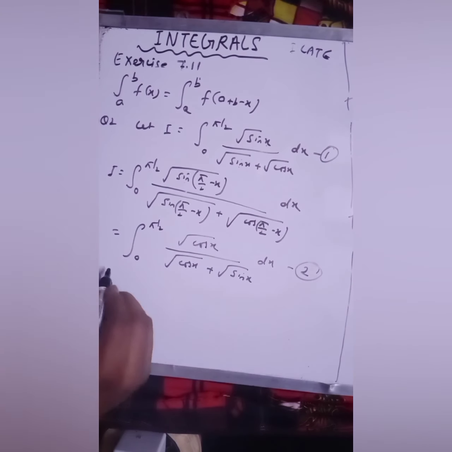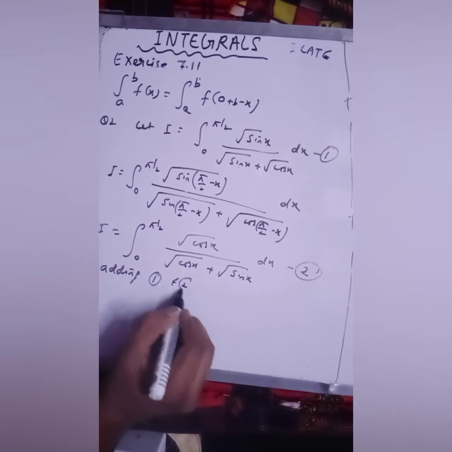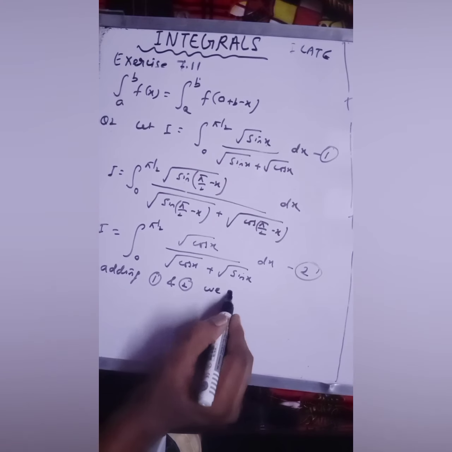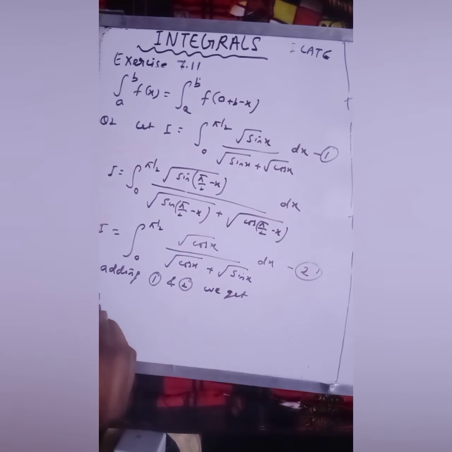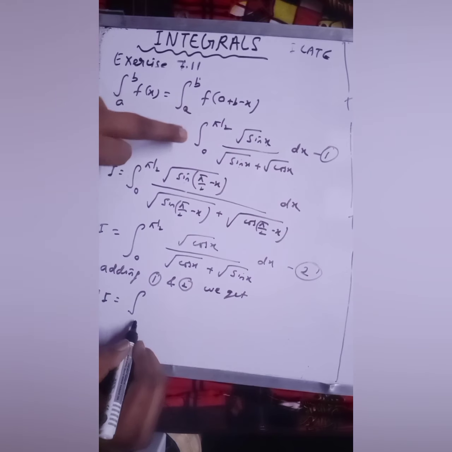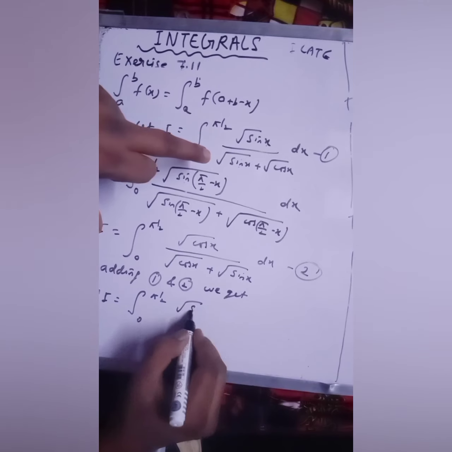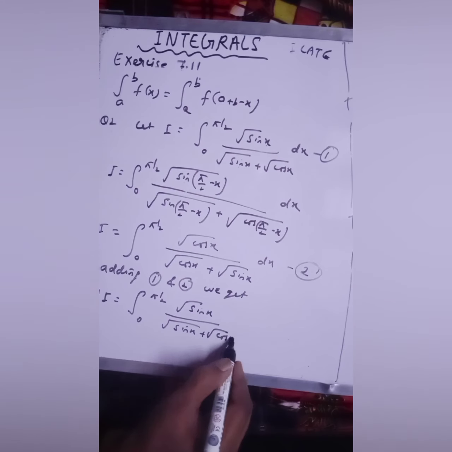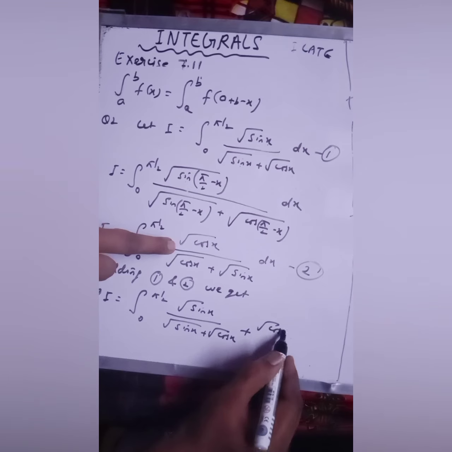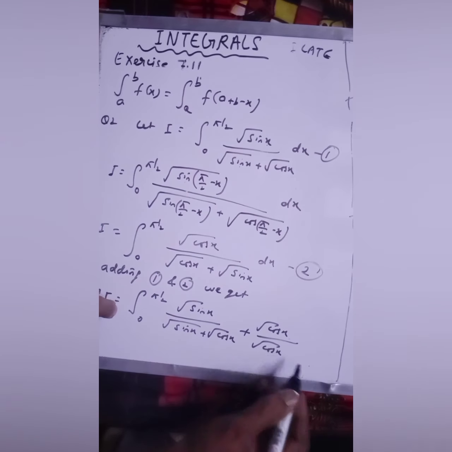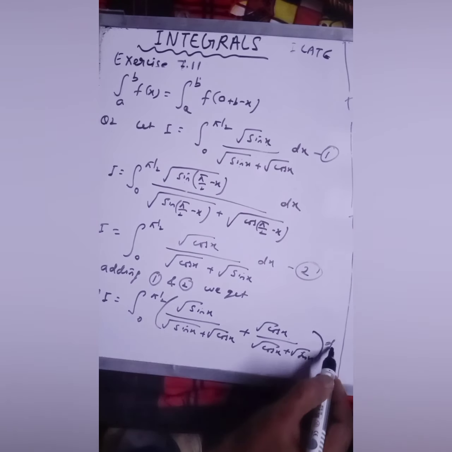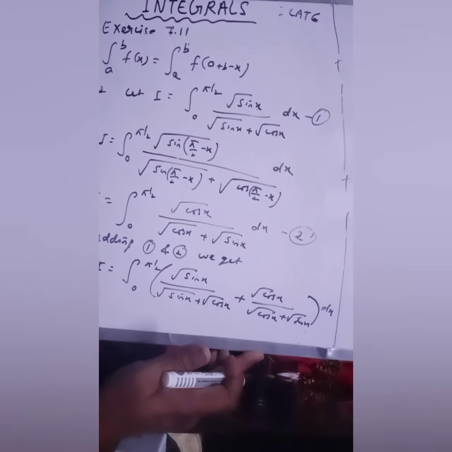Now again adding 1 and 2, we get I plus I, that would be 2I, and here you have to write 0 to pi by 2, under root sin x over (under root sin x plus under root cos x), plus the same thing, under root cos x over (under root cos x plus under root sin x), within bracket into dx, like this.